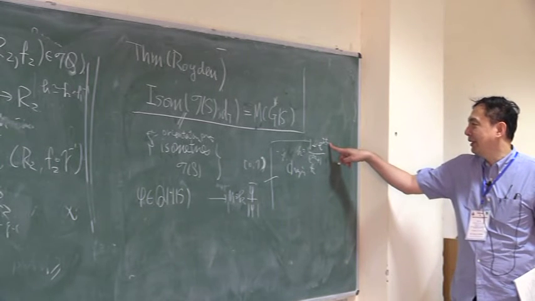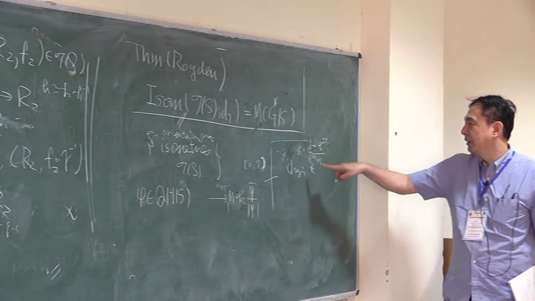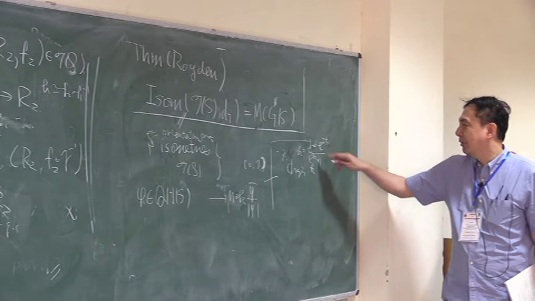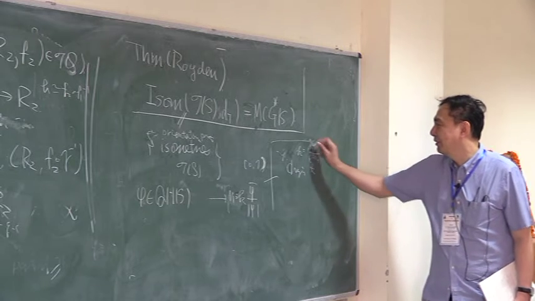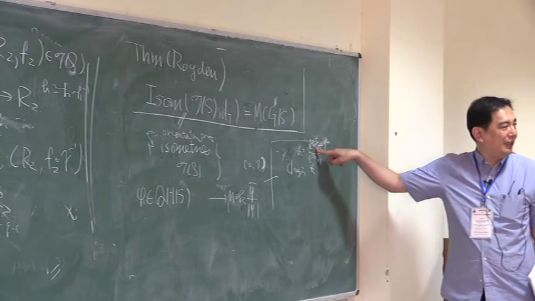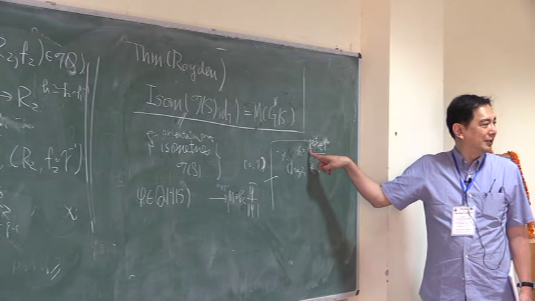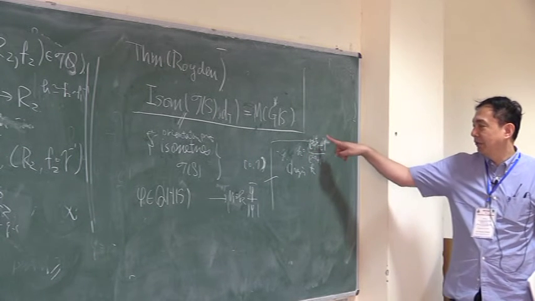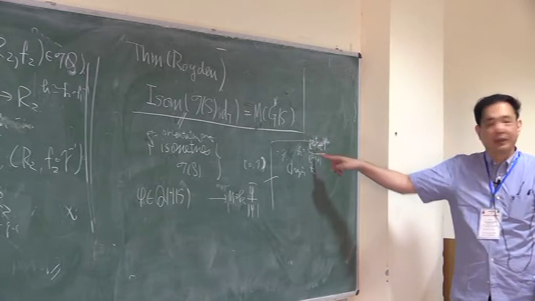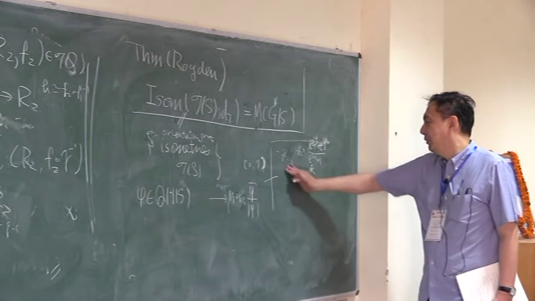If t is 0, then k is 0, and as t goes to infinity, k approaches 1.